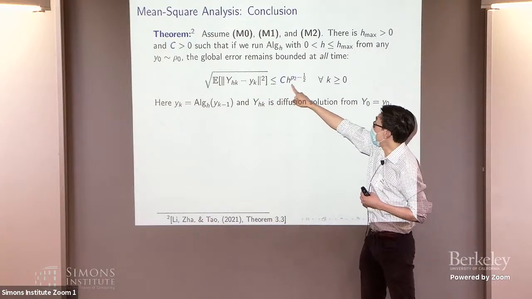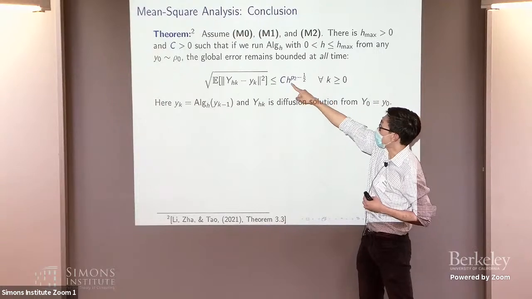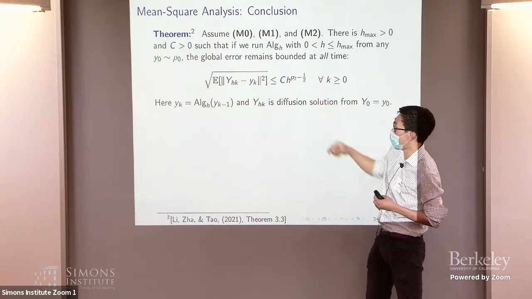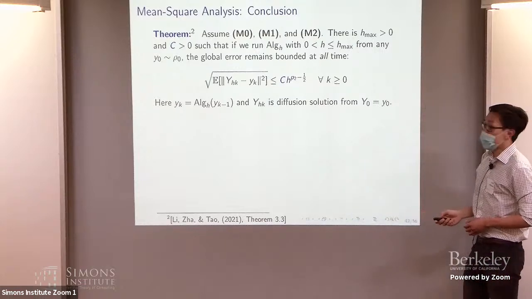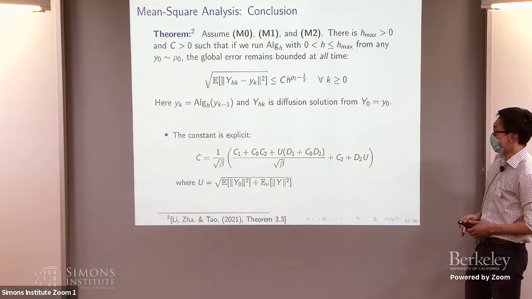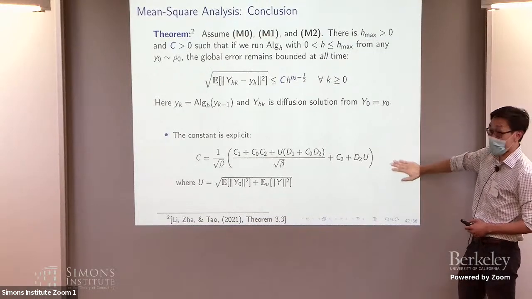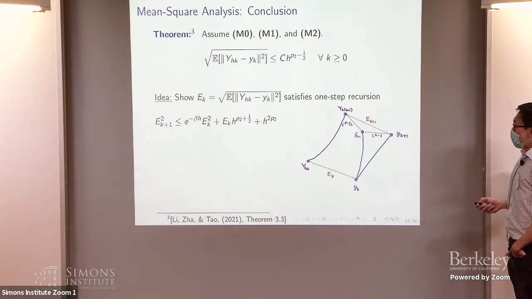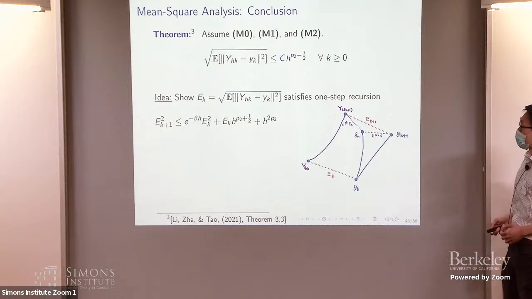And the bound does not depend on K. The bound scales with your step size to the power of the strong error order minus 1/2. Sorry, I'm skipping a lot of detail here just to give you the idea, and we can compute the constants explicitly. For the proof, you can show it satisfies the following recursion.